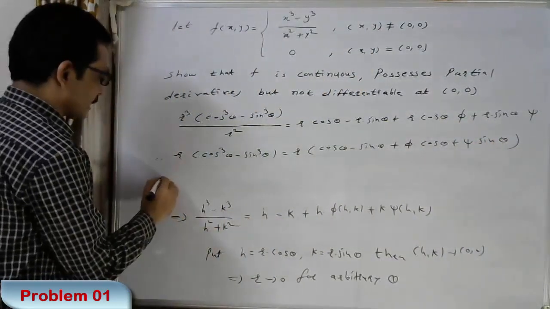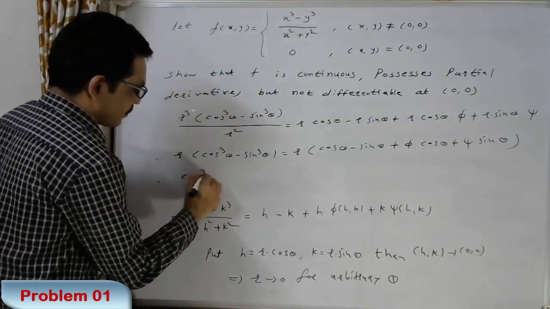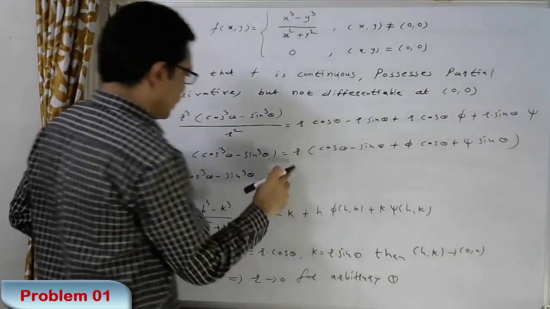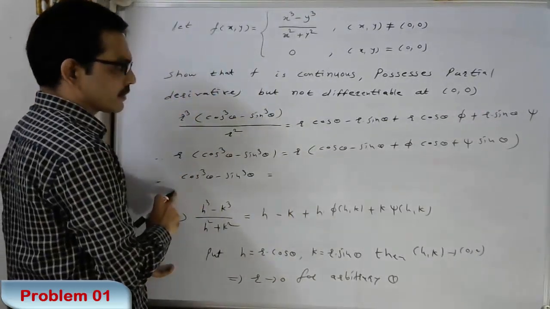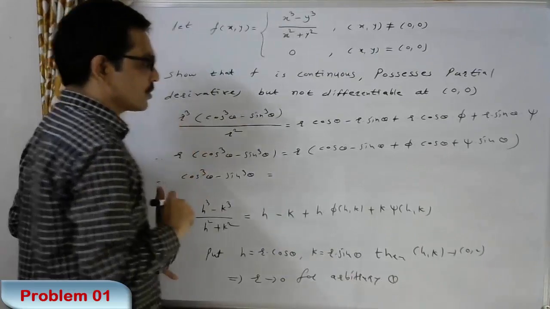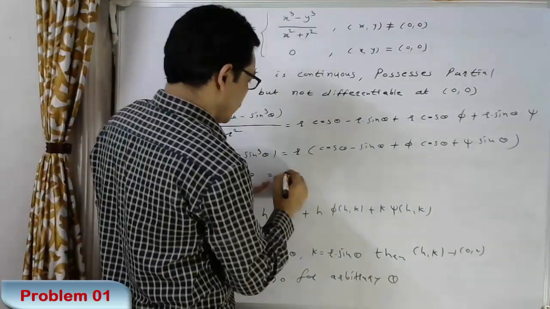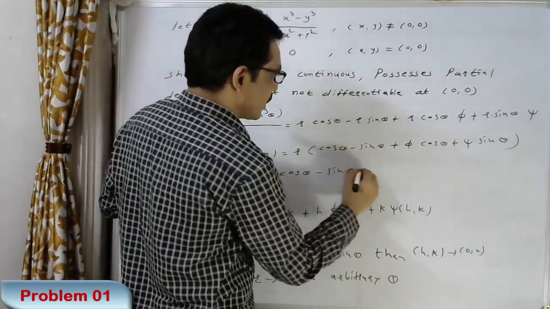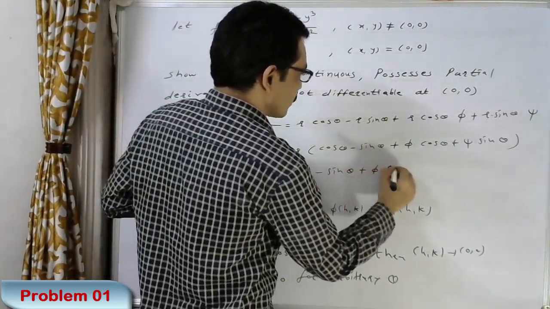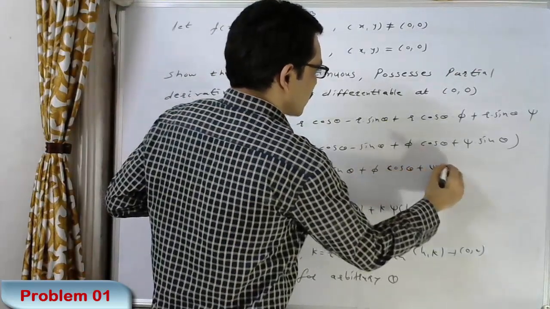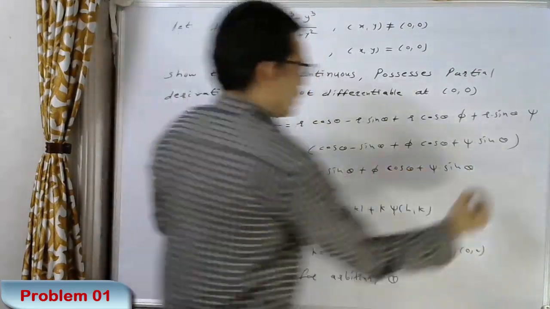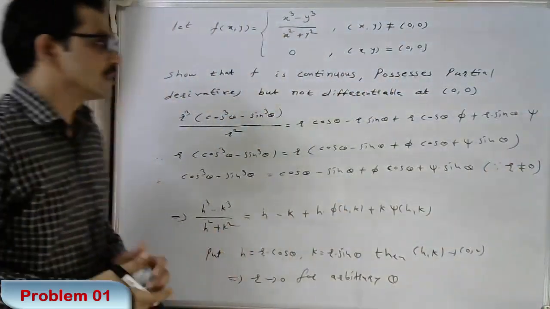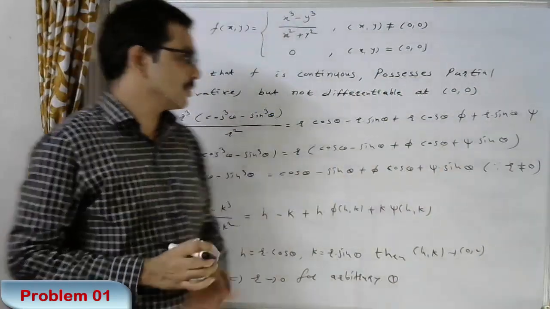Then this implies that cos cube theta minus sin cube theta is equal to cos theta minus sin theta plus phi cos theta plus psi sin theta, since r is not equal to 0.